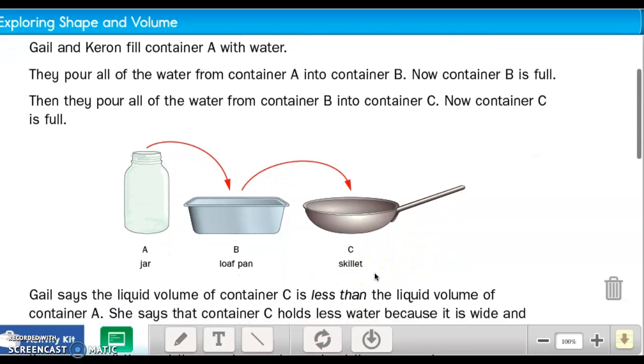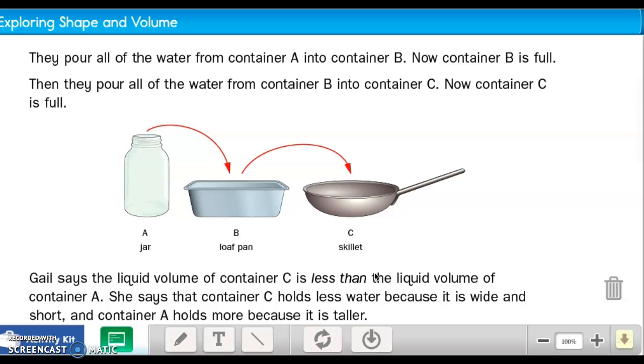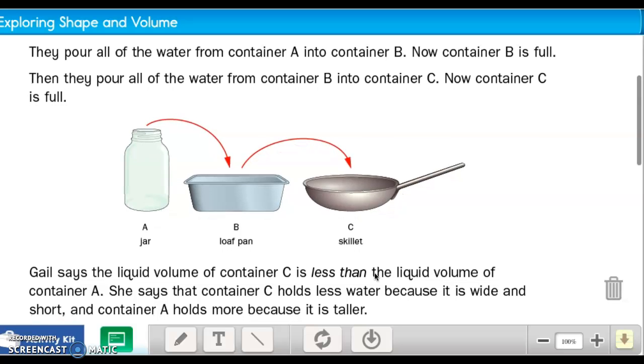Okay? Now, Gail says that the liquid volume of container C is less than the liquid volume of container A. The reason is this: she says that container C holds less water because it is wide and short, and container A holds more because it is taller.